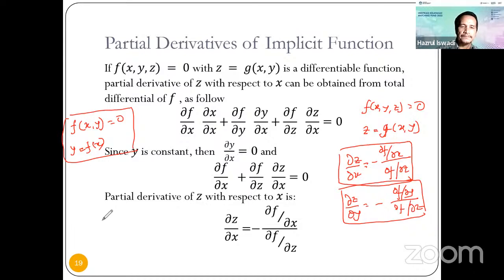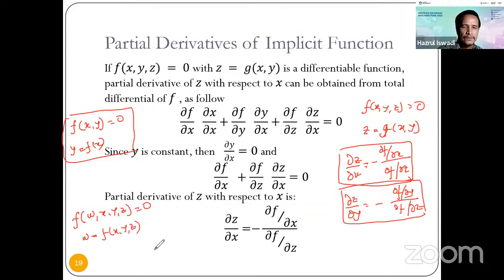And as I told you before, you can extend it to f containing four variables, w, x, y, and z, equal to 0, where w is a function of x, y, and z.